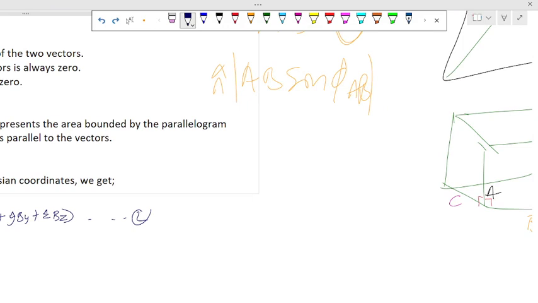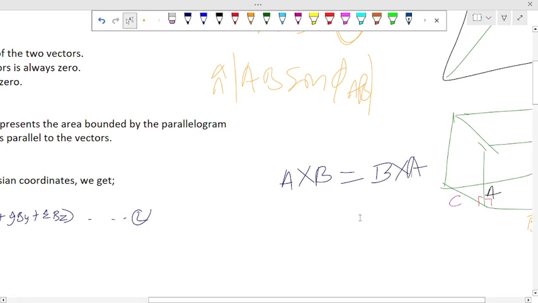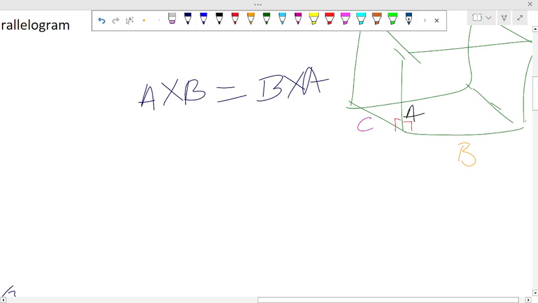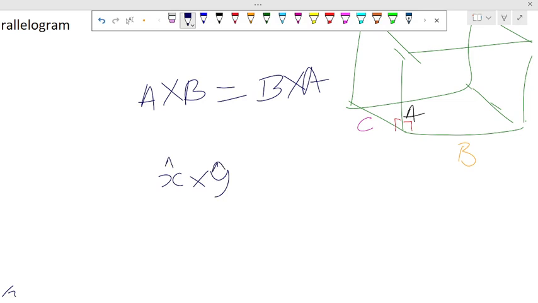What do we mean? A cross B is not the same as B cross A. That is just like saying the x direction crossed with the y direction will give you z, but the y direction crossed with the x direction will give you minus z.